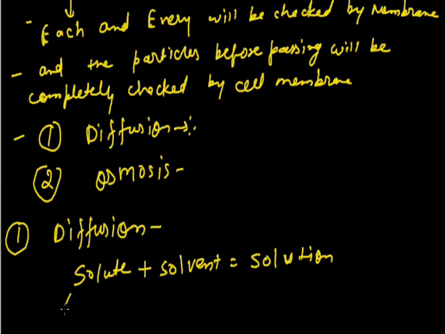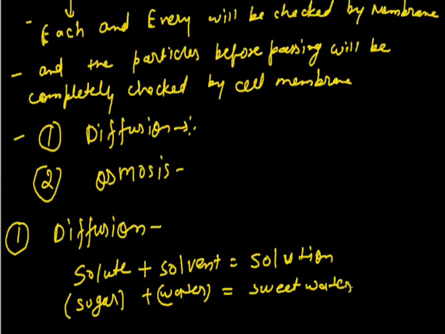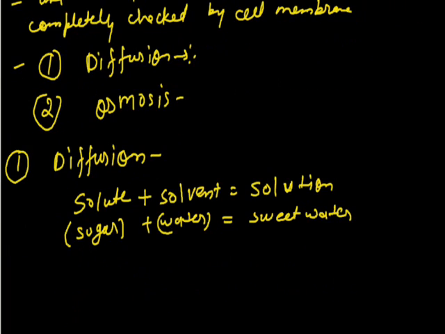If I give you the example of sugar and water, when they dissolve in each other, they will form sweet water. Sweet water is the solution, sugar is the solute, and water is the solvent. So I can simply say that a solution is a mixture of solute and solvent, where solute particles and solvent particles bond to each other and form a solution.